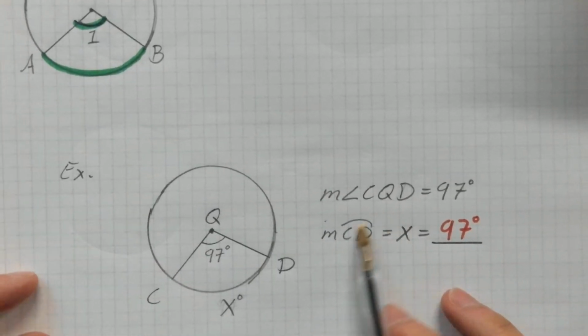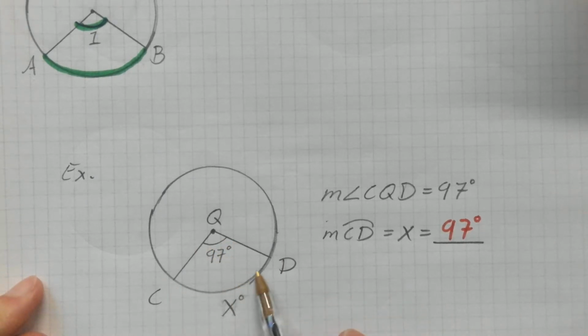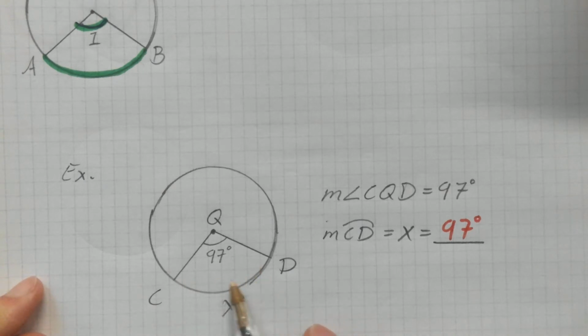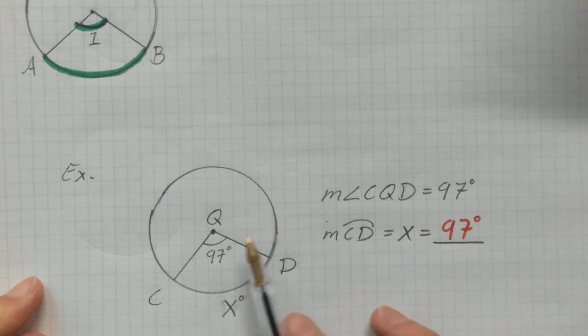Let me show you an example. You see the angle inside is 97 degrees. The question is, what's the measurement of this arc? Because the arc and the angle are the same, this x would be 97 as well.